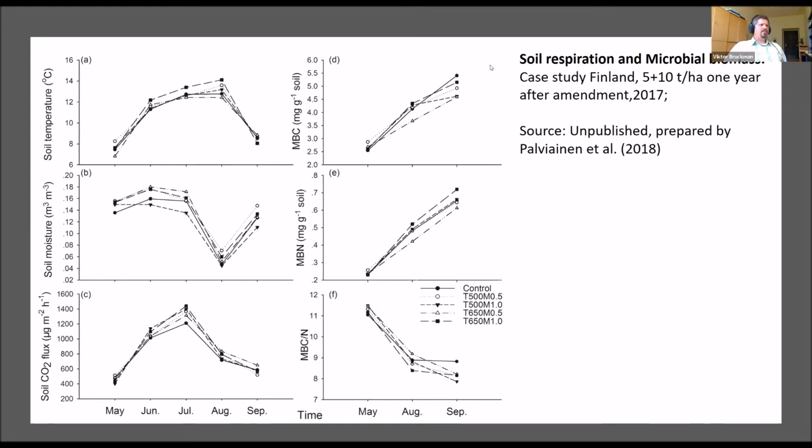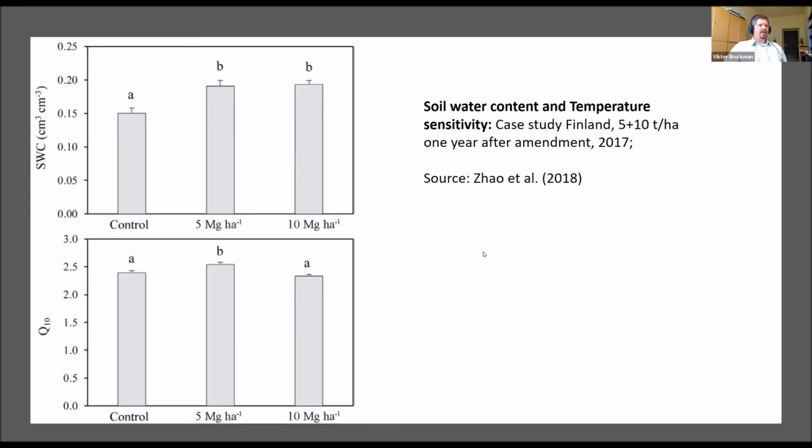For microbial biomass, we looked at microbial biomass carbon and nitrogen. We didn't see a significant difference between control and biochar amendment. What is also interesting is soil water content and temperature sensitivity.